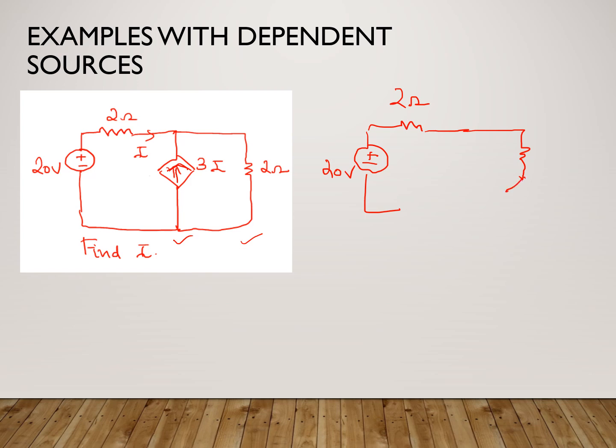So I'll show this with the positive polarity on the top and negative polarity downwards. So here 2 ohm and the value of this is 3i into 2, which is 6i, right? And this is the current which is flowing through the 2 ohm. I'm retaining it as such. So basically what has been done is the 3i into 2 has been converted into this voltage source with the 2 ohm in series.